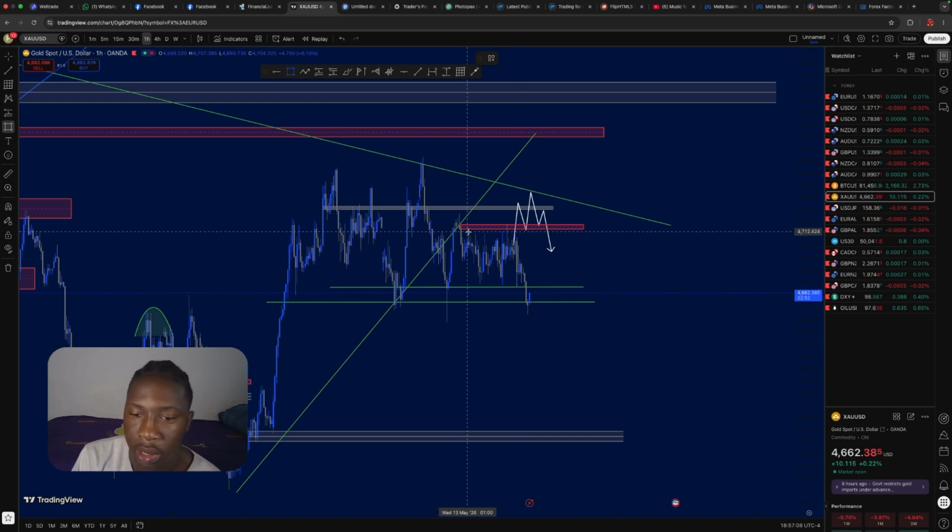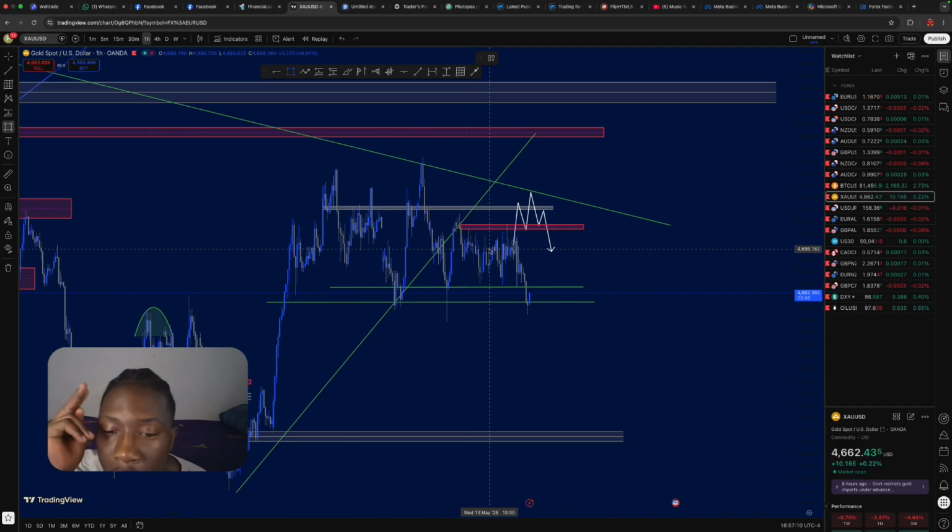I know there is liquidity which is hanging above. We want to clear it, then we will look for an entry straight from there to the downside, because right now it will be a straight movement to the downside.